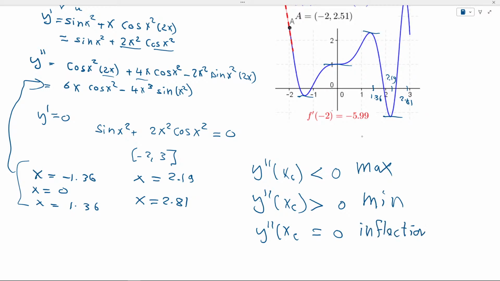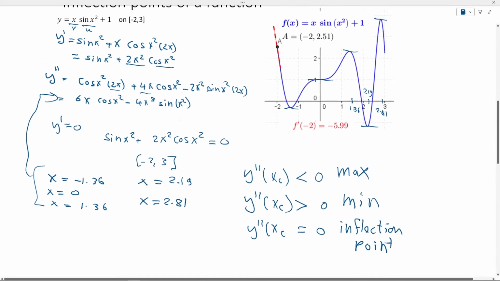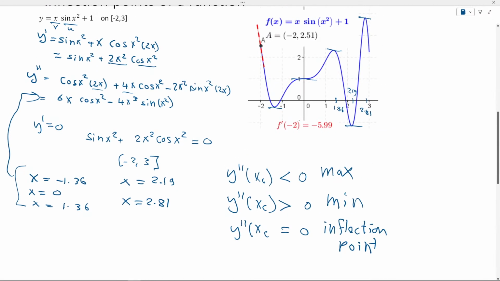an inflection point. And from this graph, because we plotted it, we should expect to get 2 of these in the positive, both of them here.